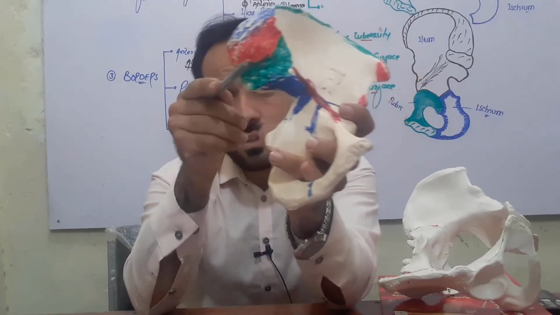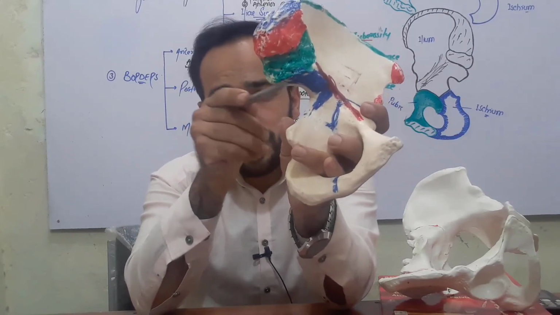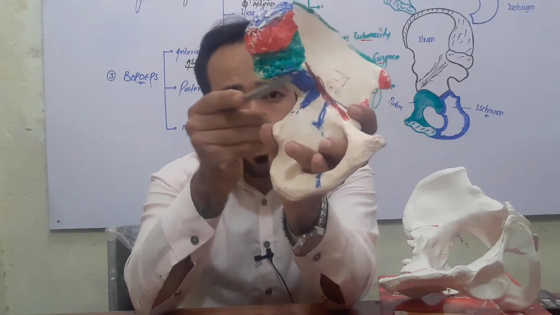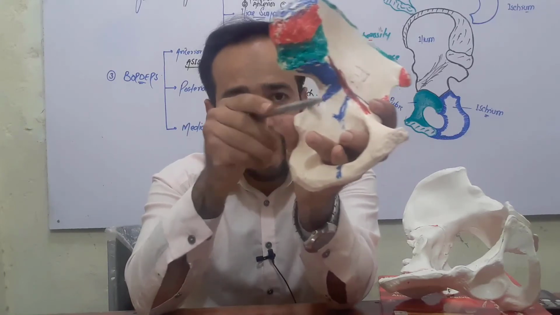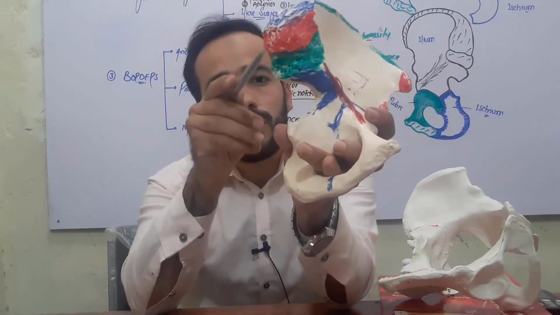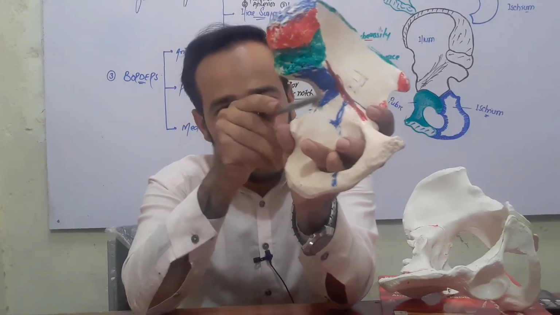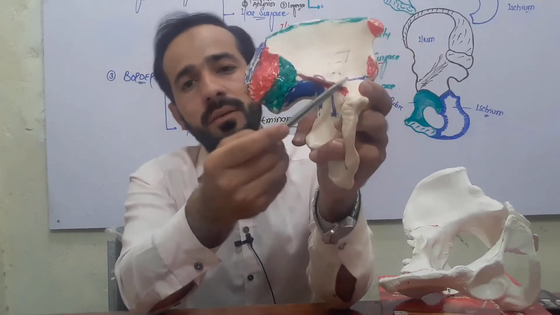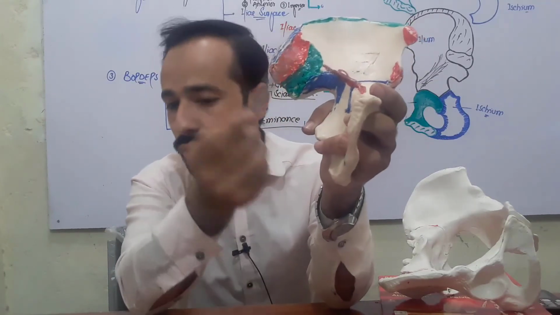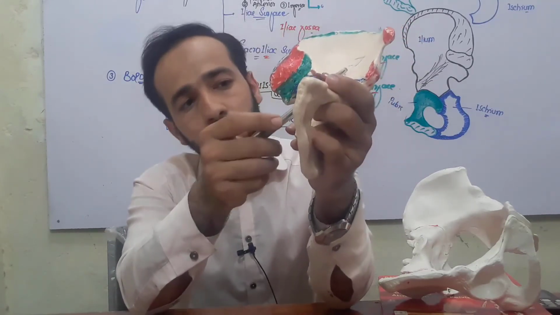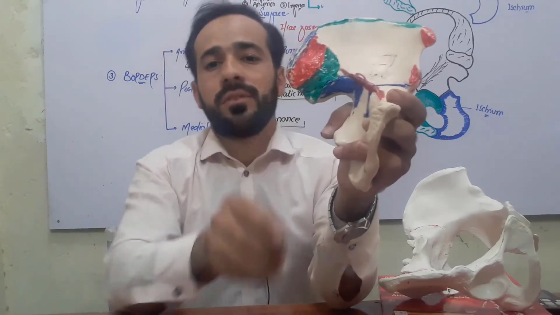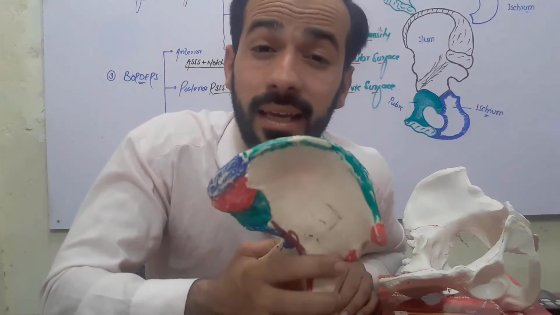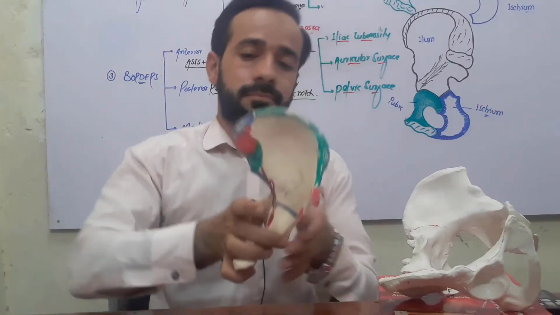Then there is the notch, then there is the posterior inferior iliac spine, and then there is the greater sciatic notch, right? This is the greater sciatic notch. So they unite and they make the posterior border, right? And then there is the medial border. So this medial border was also known as I had told you, that this is also known as the iliopubic eminence, right friends?